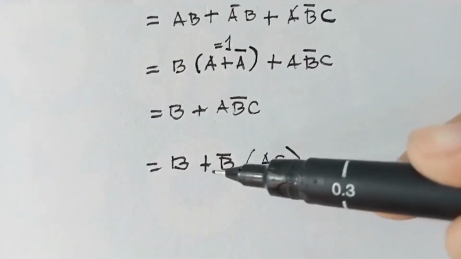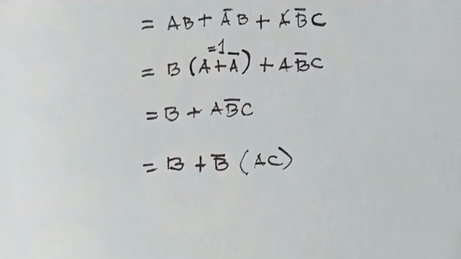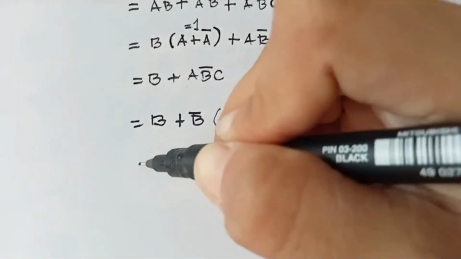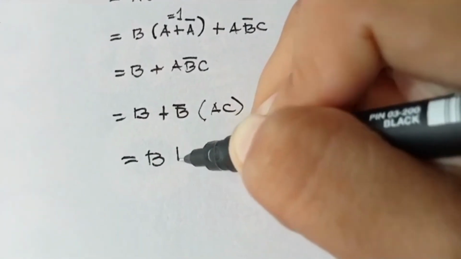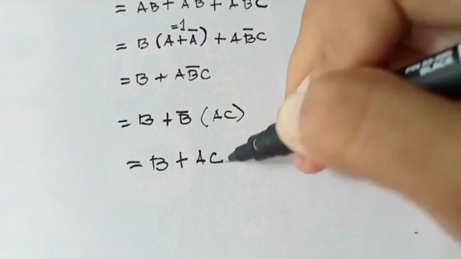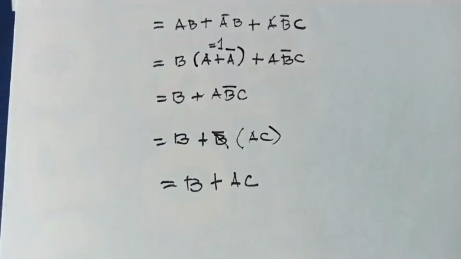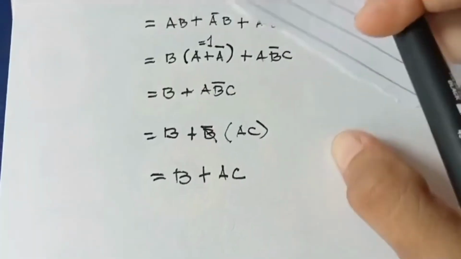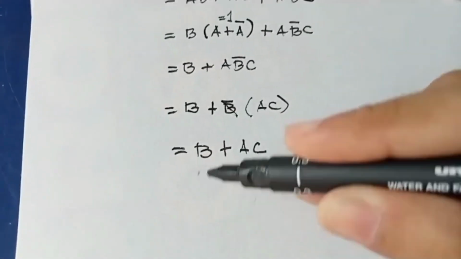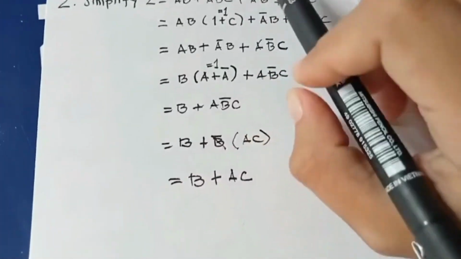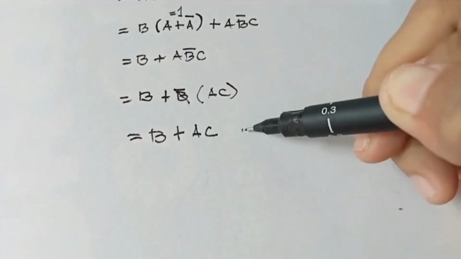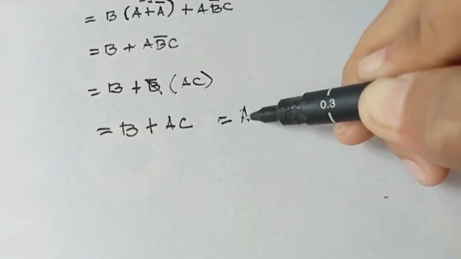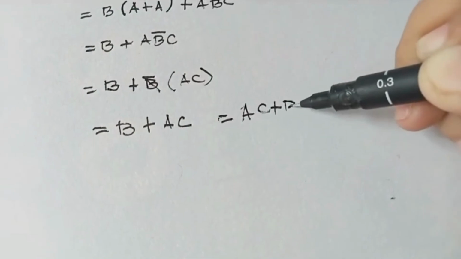So again, it became B plus B bar added into AC. It's because of the absorption rule that was applied. So this will now become B plus AC. The B was removed as paired with the absorption rule. A plus A bar B is equal to AB. This is now the final simplified expression of this expression. Or we can write it this way in alphabetical order, which is AC plus B.